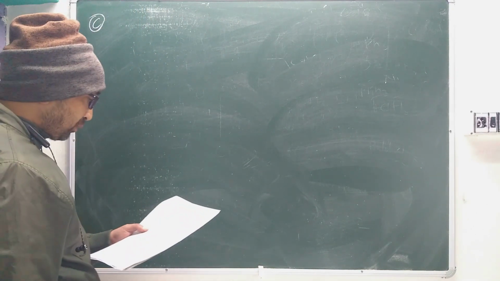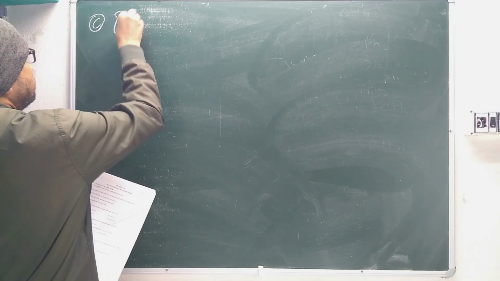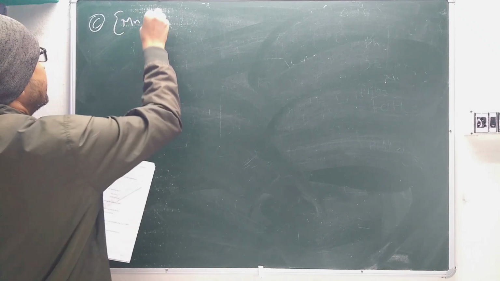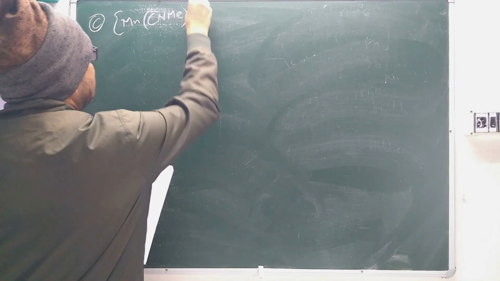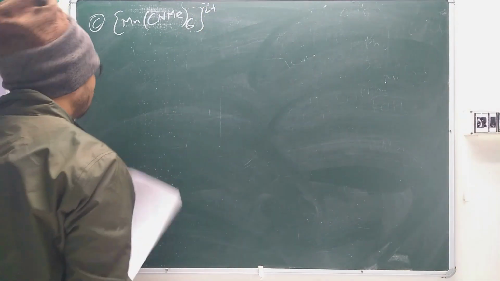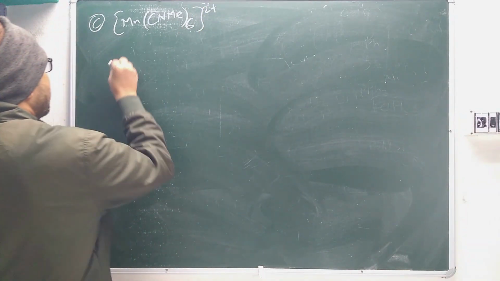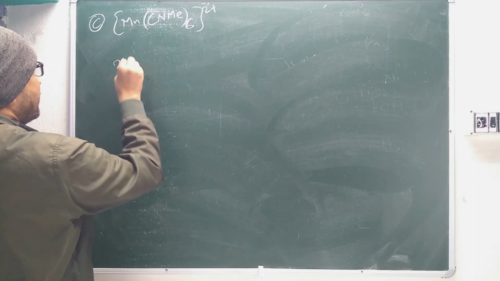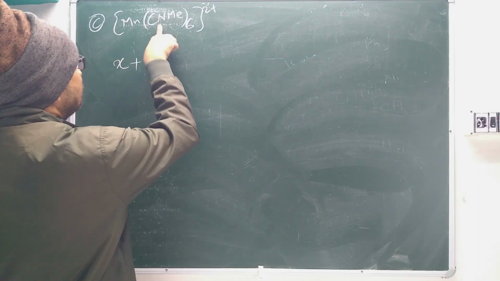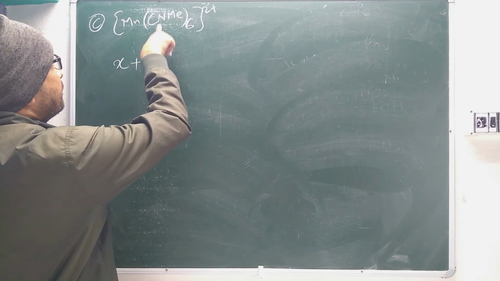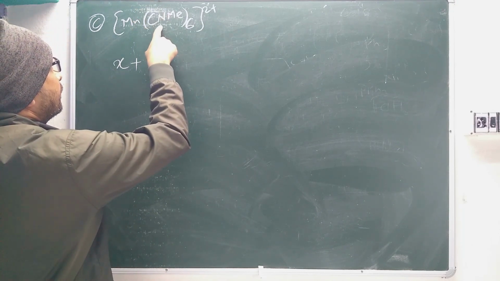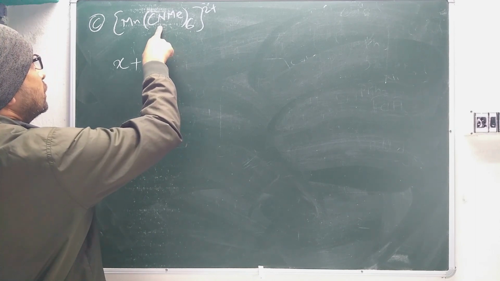So option C, what is that? Manganese, with 6 times 2 plus. For this, we will check the oxidation number of manganese. X plus, this will contribute.